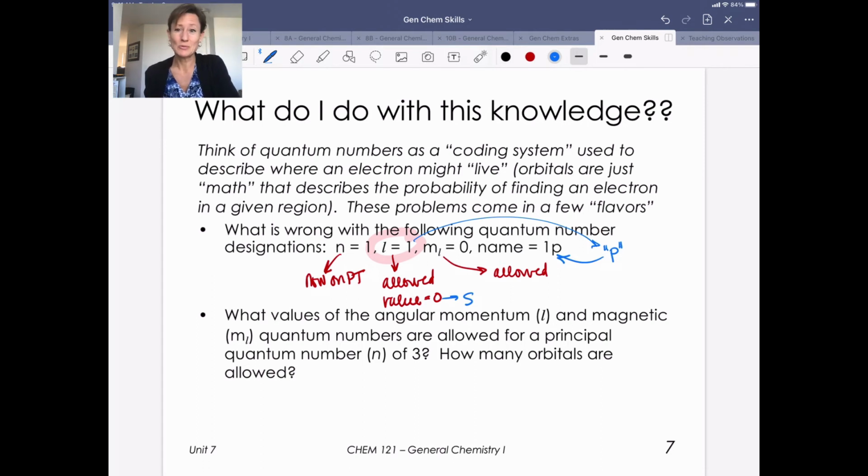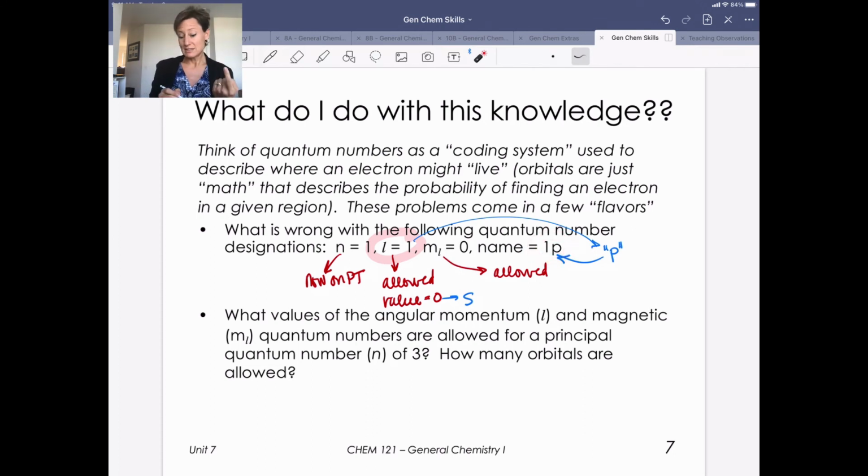So there are a couple of ways that we could fix this problem. We know that the code is wrong for a couple of reasons. If we're going to hold fast that n is equal to 1, then L can only be equal to 0. M sub L would be fine. And the name of an orbital that had n equal to 1, that would be right. We'd have a 1 there. This is right. So an L of 1 would be a p orbital, but you can't have this.